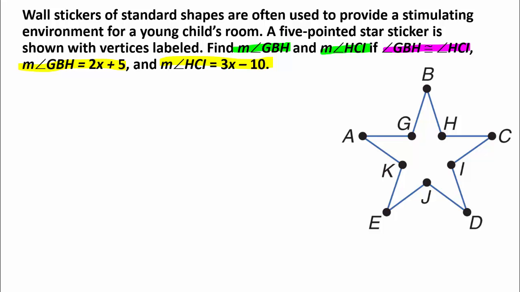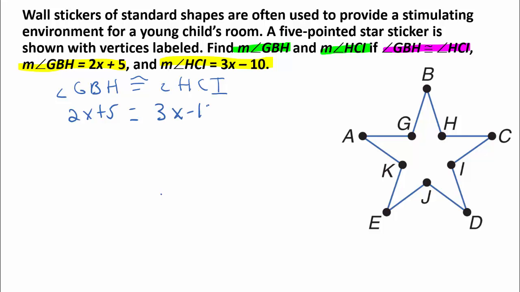So we could easily set up an equation because we know that angle GBH is congruent to angle HCI. Okay, so we know GBH is 2x plus 5, and HCI is 3x minus 10, and now all we have to do is solve for x.